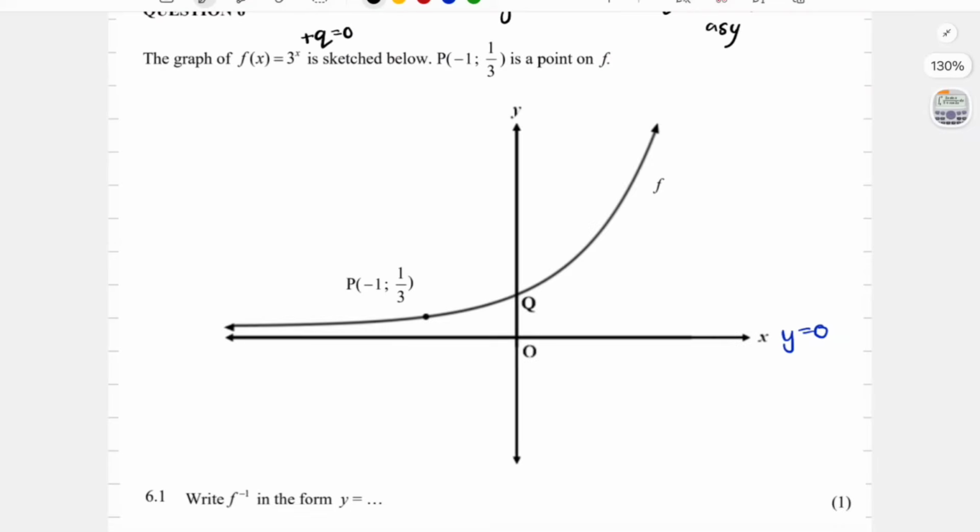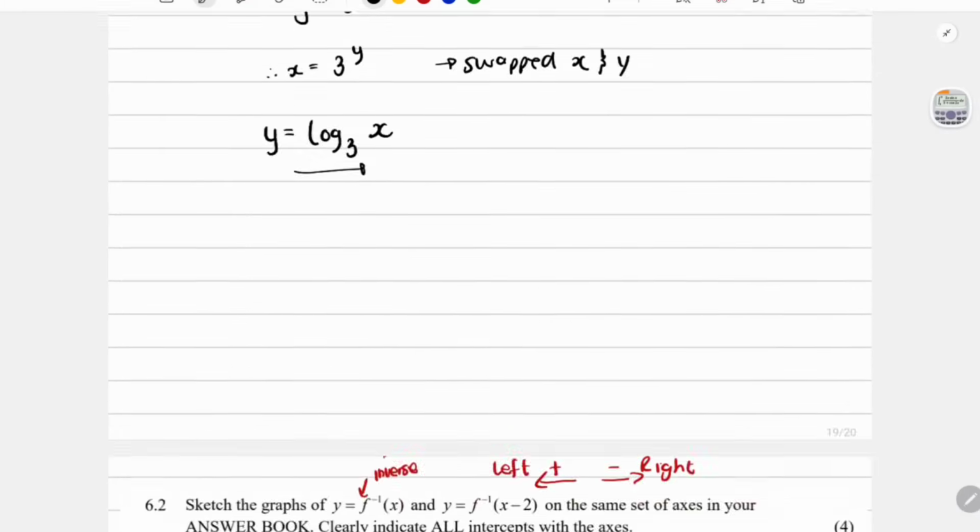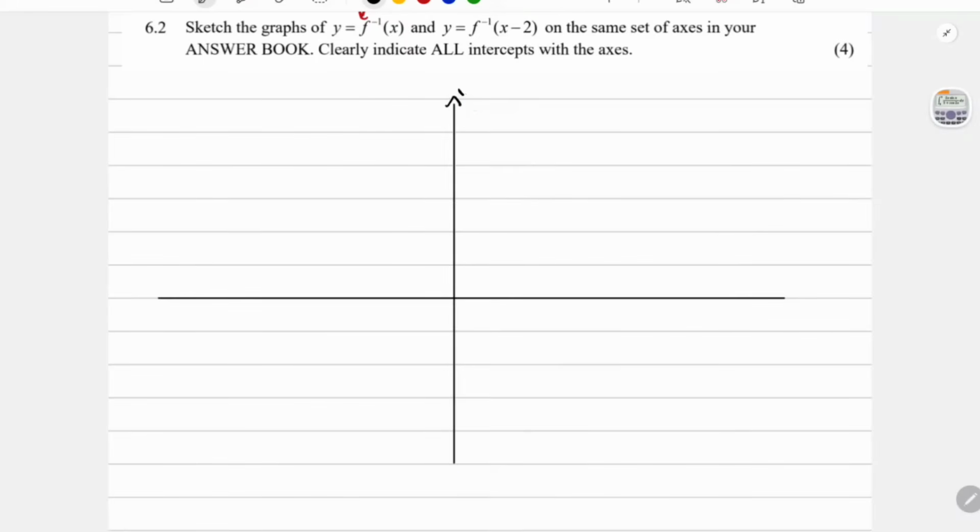Okay, so let's go ahead and put that down. Along with the x and y values swapping in this function to get the inverse, the asymptotes are also going to swap as well. You see that here we had a horizontal asymptote of y equals 0. Now, in our inverse, we're going to have a vertical asymptote. And because it's vertical, it's going to be x equals 0. Okay, so that's the first thing I want us to know, that we're going to have an asymptote over there.